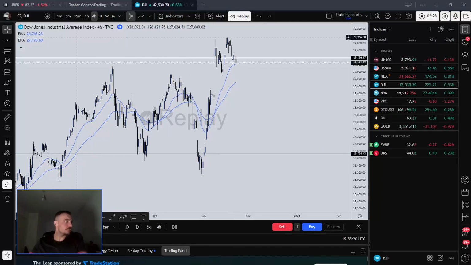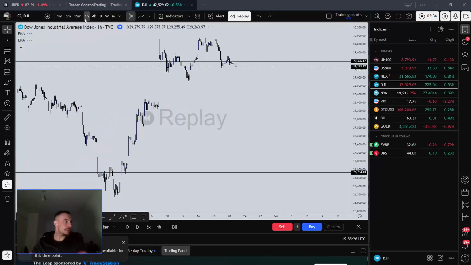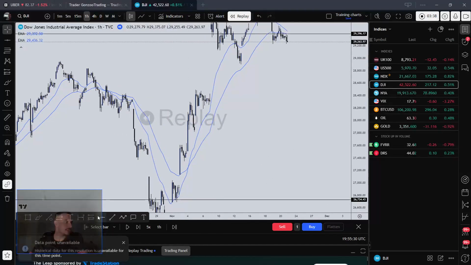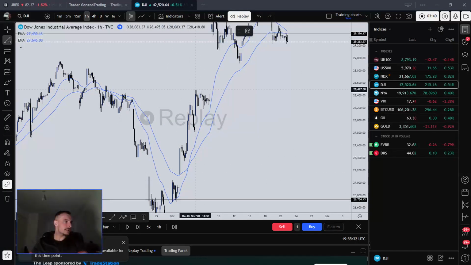As we can see, it's moving impulsively to the upside, and if we go on 1 hour after this impulsive move, we can see that the correction has been pointed out over here.